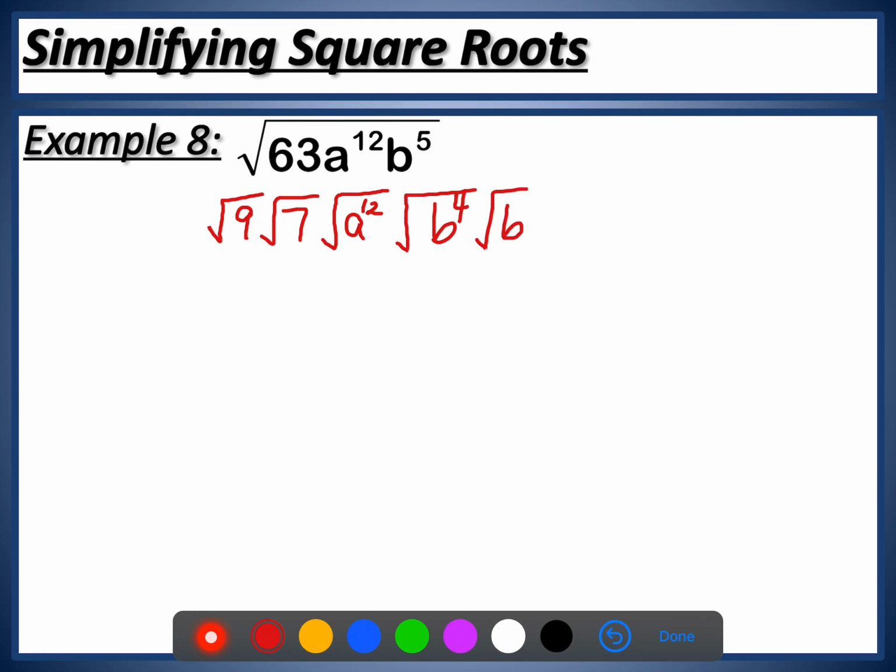Okay, one more time. We're looking for an even exponent to divide by 2 and take out of the square root. Okay, so we know that the square root of 9 is 3, and then that 12 and 4 we divide by 2. Okay, everything else remains underneath the square root.